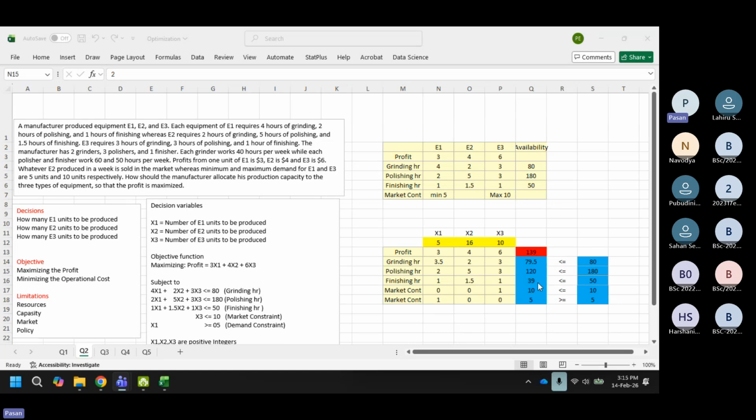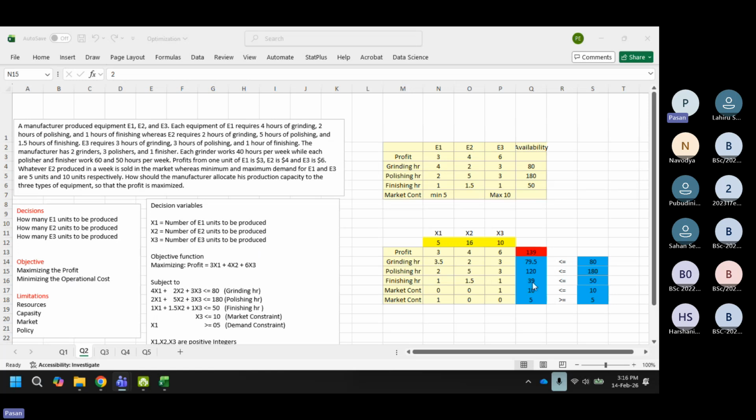And finishing also, we are using only 39 hours, right? So that's again having some restriction on that. We are not using as much as is available, but basically we are using the grinding fully, up to its total capacity. So that's in general what we can identify. That's how we can work on these situations.